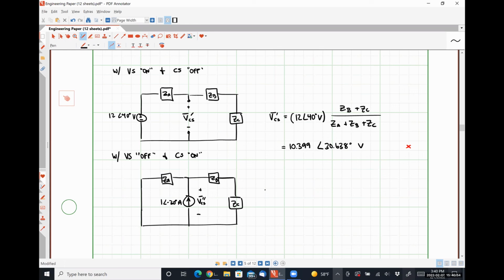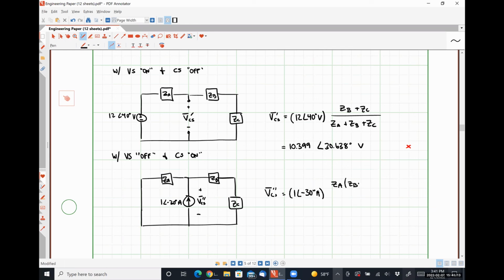So VCS double prime is going to be one angle negative 30 degrees amps times ZA in parallel with ZB plus ZC.